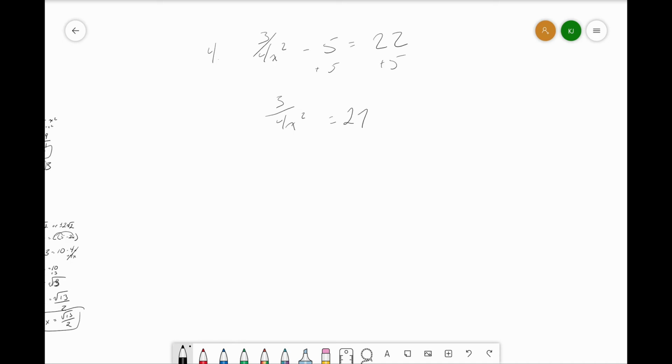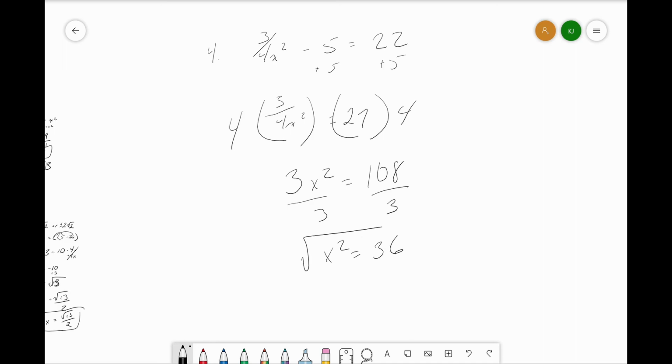Then we can multiply both sides by 4 to get us 3x squared equal to 108. Then divide both sides by 3. x squared is equal to 36. Square root both of them. x is equal to positive or negative 6.